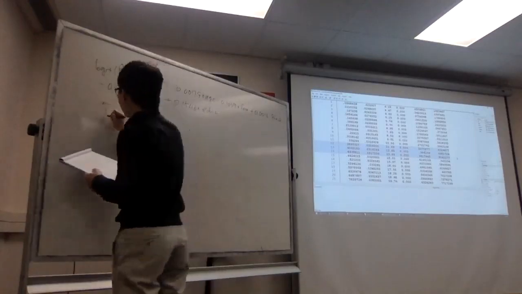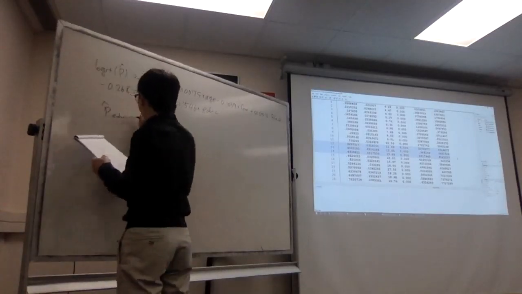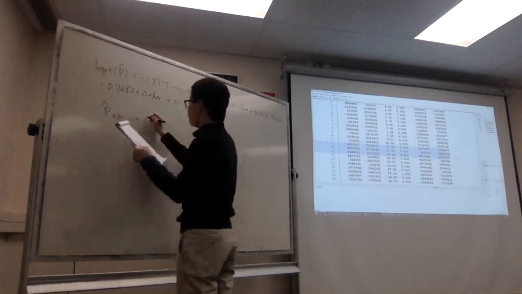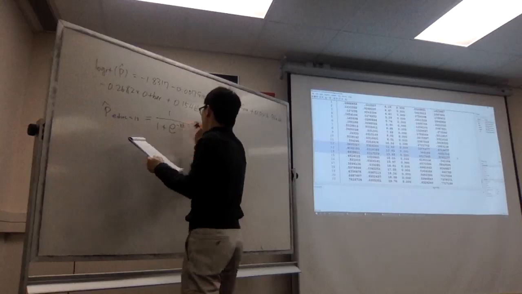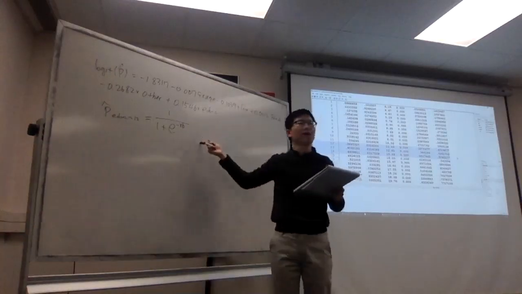And the P hat when educ was 12 is 1 divided by this formula, right?